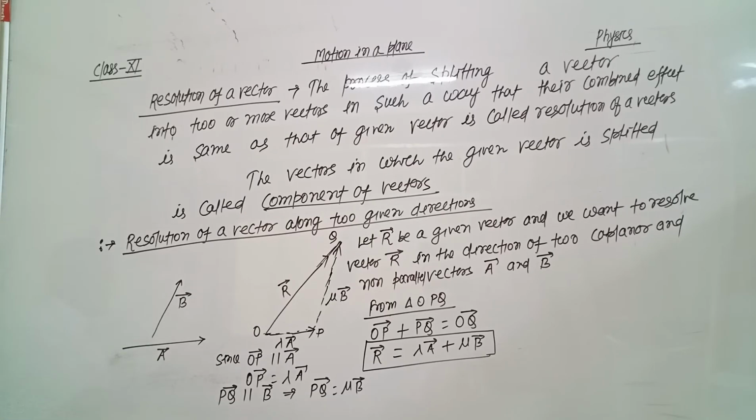The vector R is split into two components, lambda A and mu B.